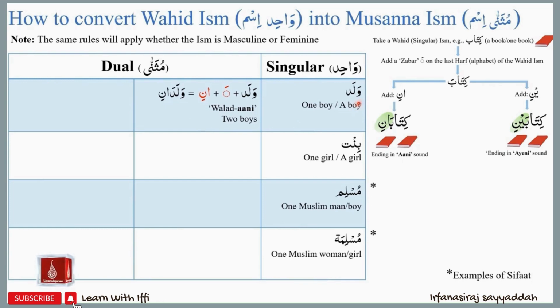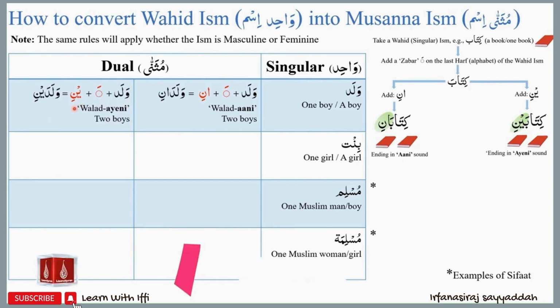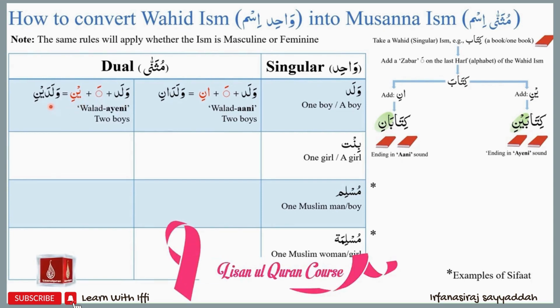Now let us look at the second musanna version of walad. Again, we will take walad, we will add zabar to the last harf, and then add ya followed by noon zair. We will therefore create waladaini. Walad plus zabar plus ya followed by noon zair equals waladaini.